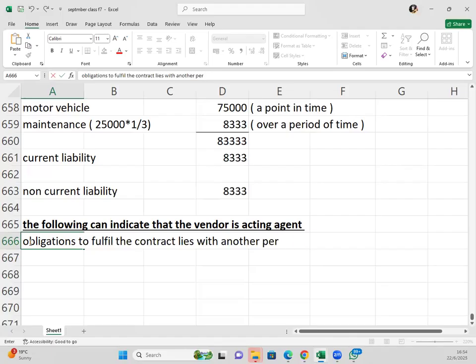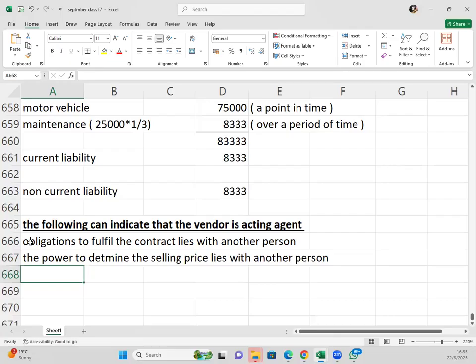Then also the power to determine the selling price lies with another person as well. If you are not the one that can determine the price, then you are acting as an agent.